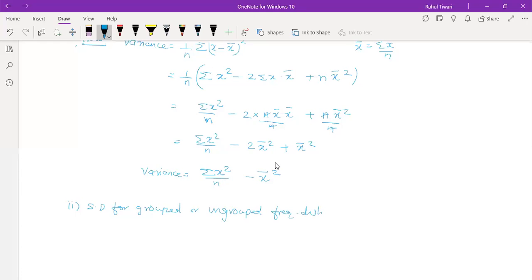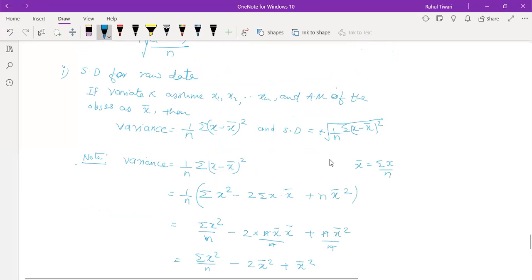The formula and procedure, the theory part, you can write yourself with no problem. And the variance is going to be, I'm just writing the formula, f times (x minus x bar) square upon n. Here you know x bar is this one, right?